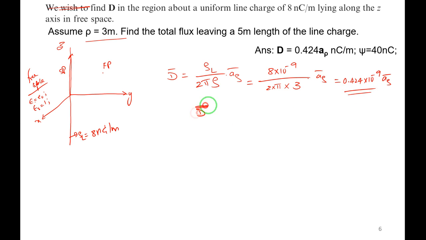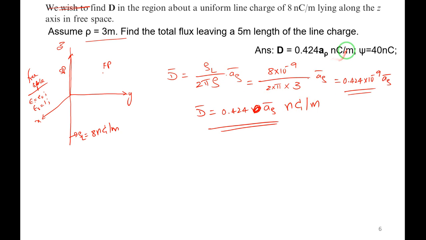And D vector finally I will write 0.424 a rho nano coulomb per meter square, right? Sorry, nano coulomb per meter here. Is it fine?